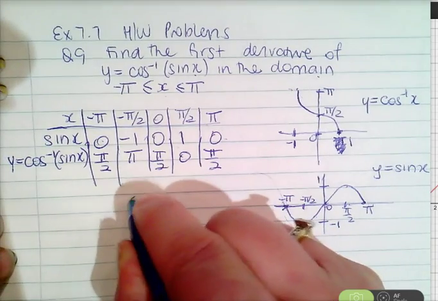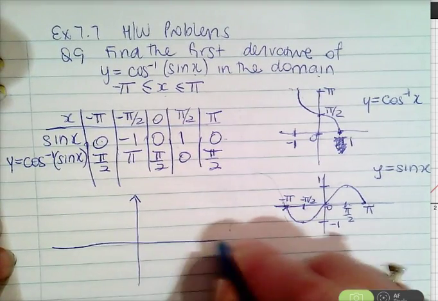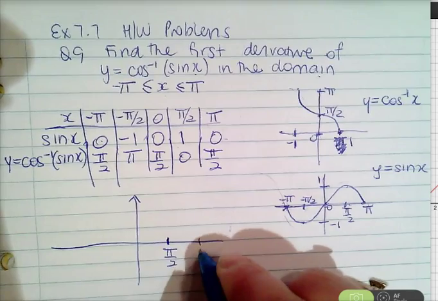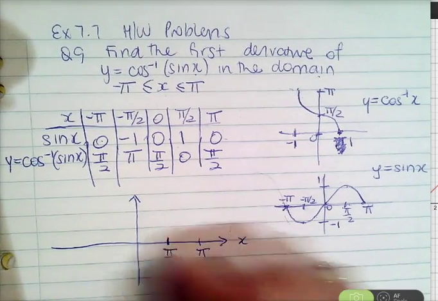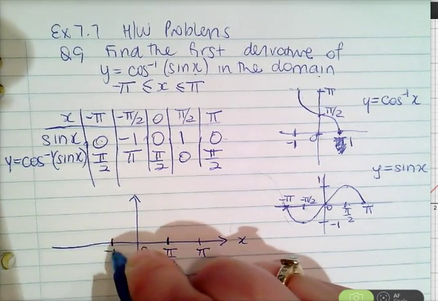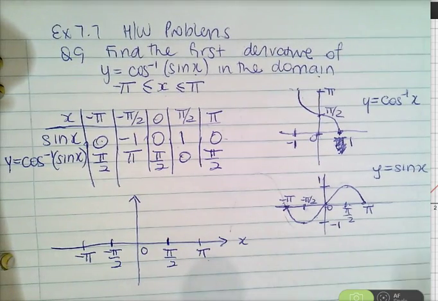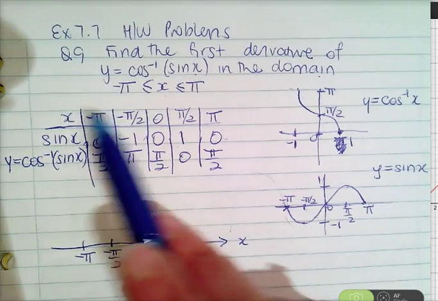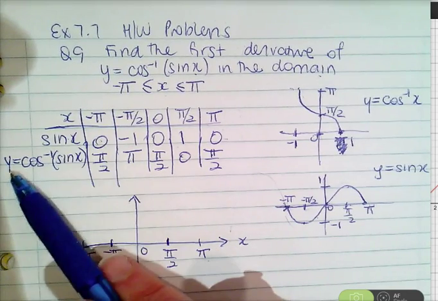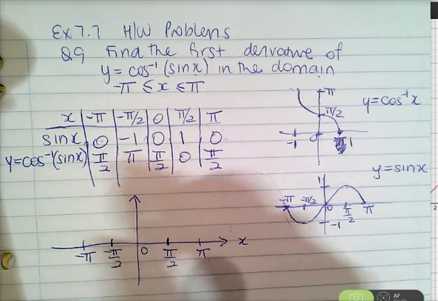So I'm going to draw that curve now. And I'm going to draw the curve for x values ranging from negative pi through to pi. So when x is negative pi, the inverse cos of the sine of x is pi on 2.